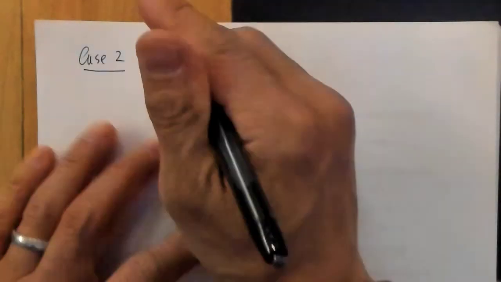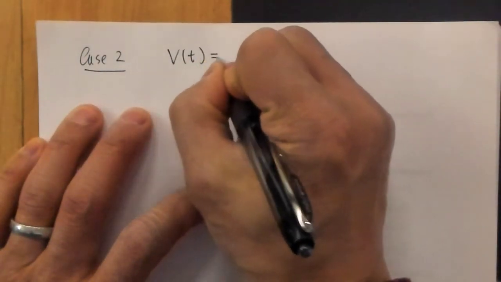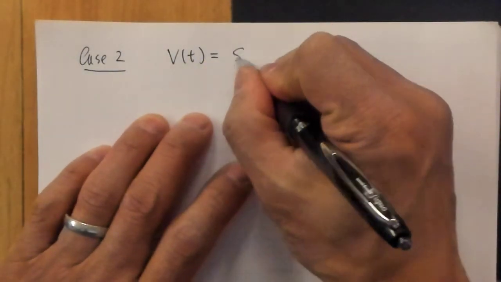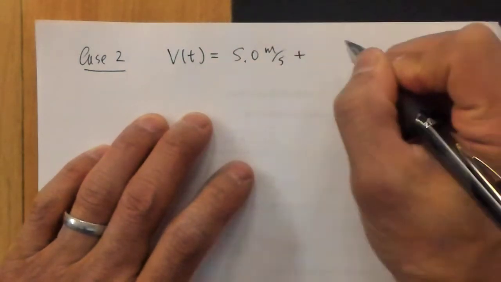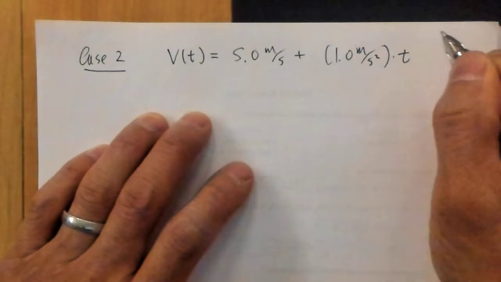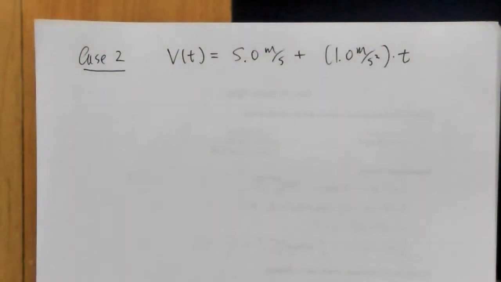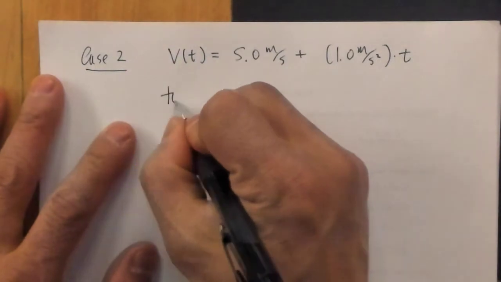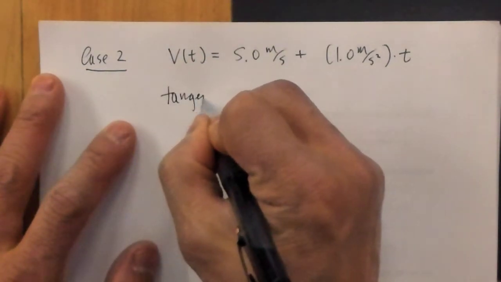Case number 2 is that we have v of t equal to 5 meters per second plus 1.0 meters per second squared times t. And we want to know what the tangential and radial components are. So let's do tangential.